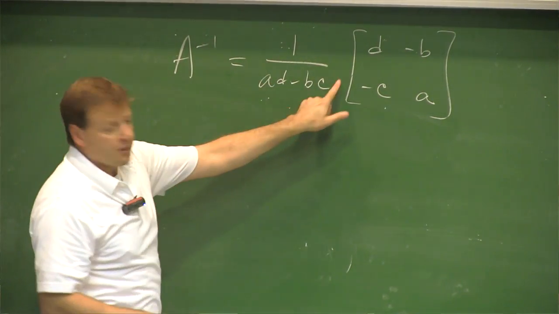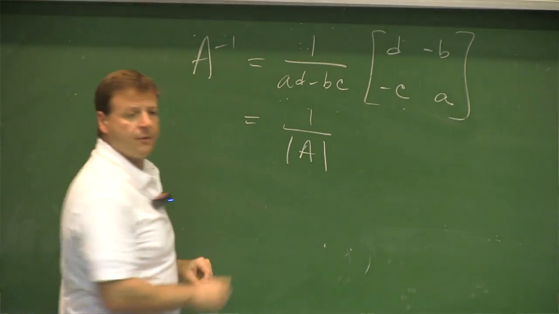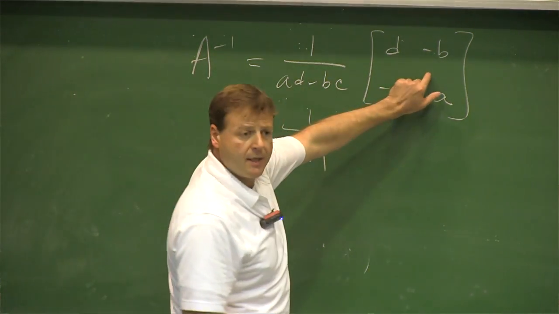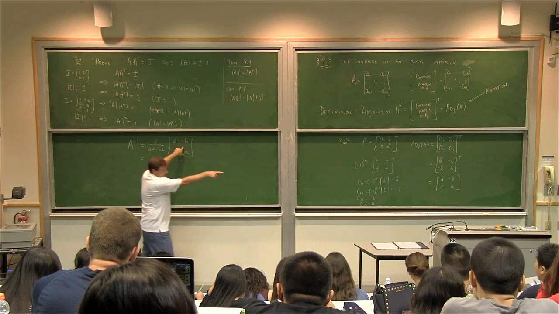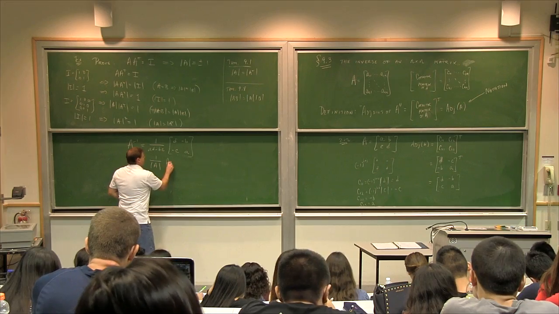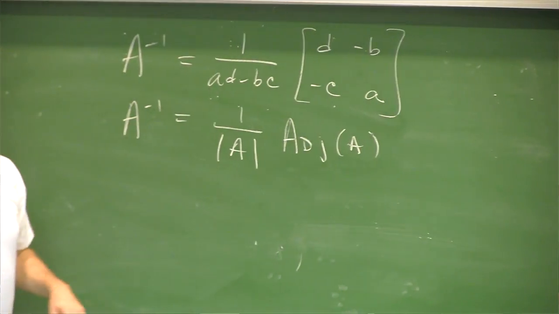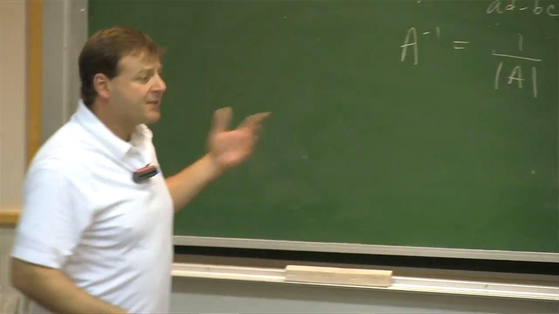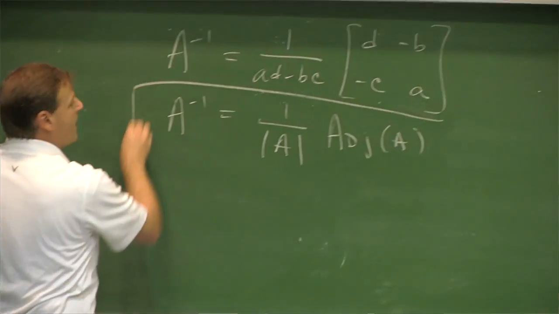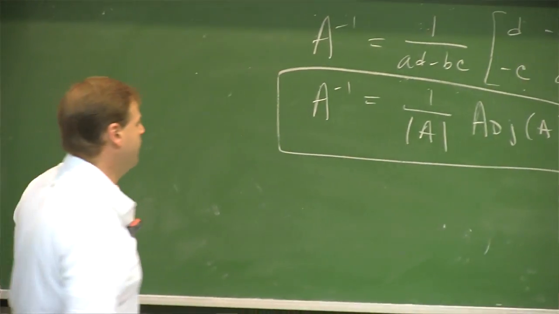This we now learned is called the determinant. I can write that down in my fancy notation. And then this guy right here happens to be the adjoint, right? I calculated the adjoint separately, and I got that. So I can say that this is the adjoint of A. And lucky for us, that's the formula for n by n matrices. So we can use our 2 by 2 to see that that's the formula for the inverse for n by n.